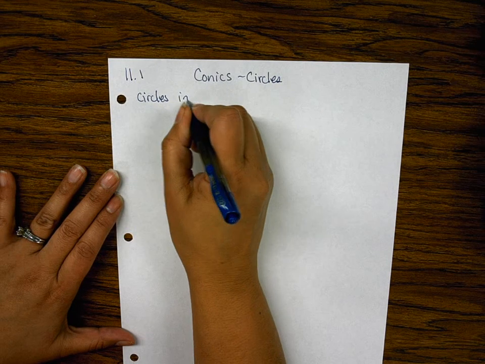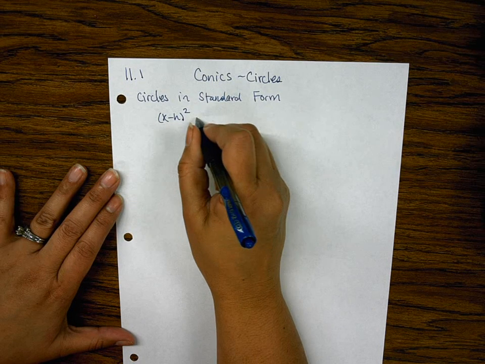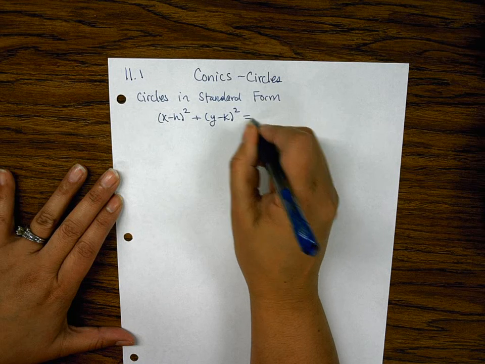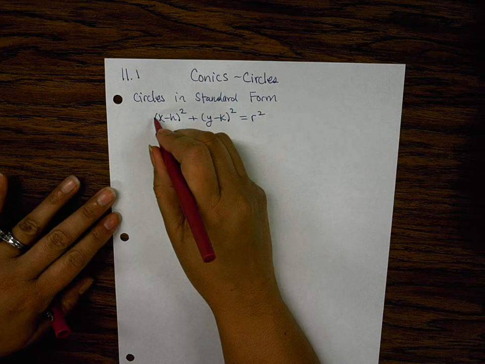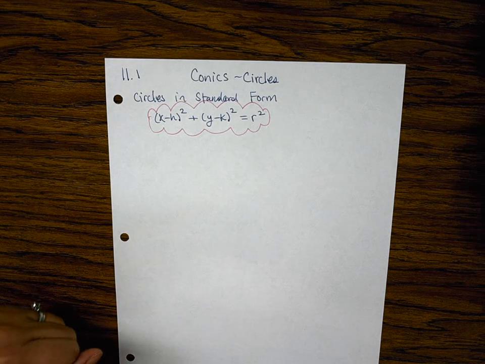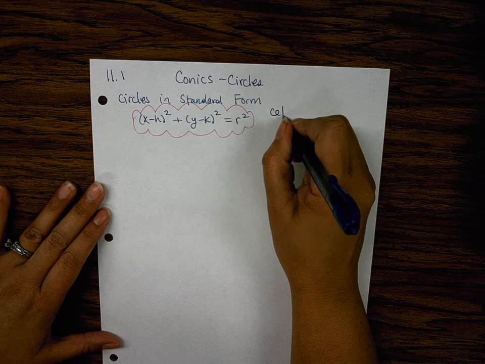Circles in standard form. The quantity of x minus h squared plus the quantity of y minus k squared equals r squared. All right, you should have seen this before last year.